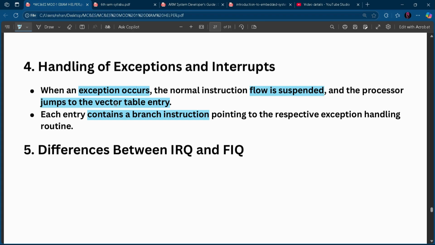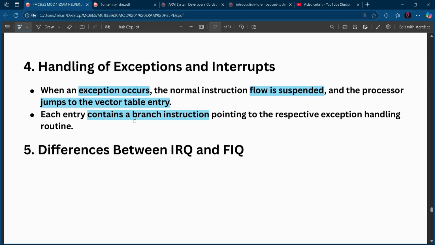Then handling the exceptions and interrupts. When an exception occurs, the normal instruction flow is suspended, like we saw in the pipeline. The other stages are aborted, and only the execution stage is carried out. The processor jumps to the vector table. Whenever an exception or interrupt occurs, the normal flow is disturbed and then it checks the vector table for reference.